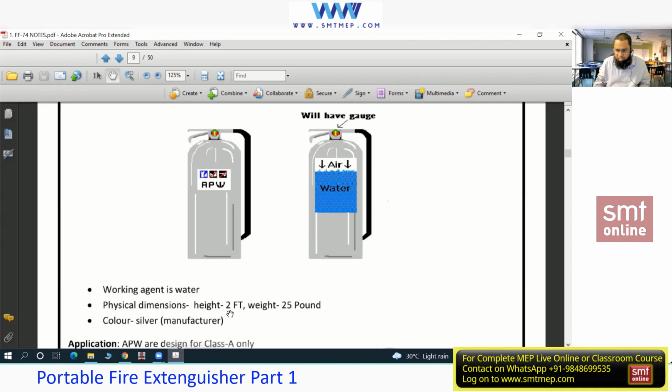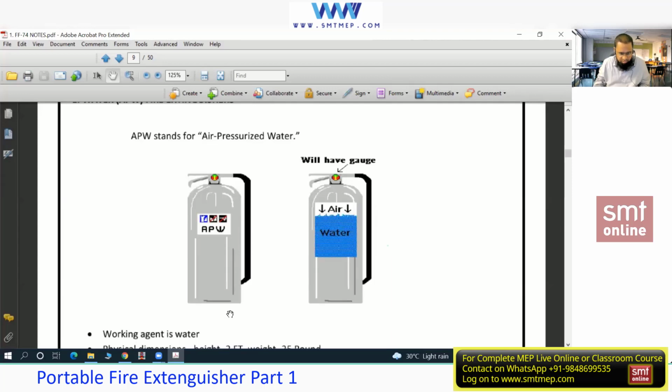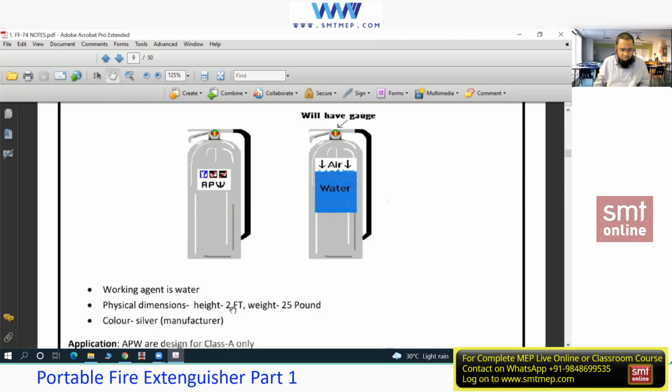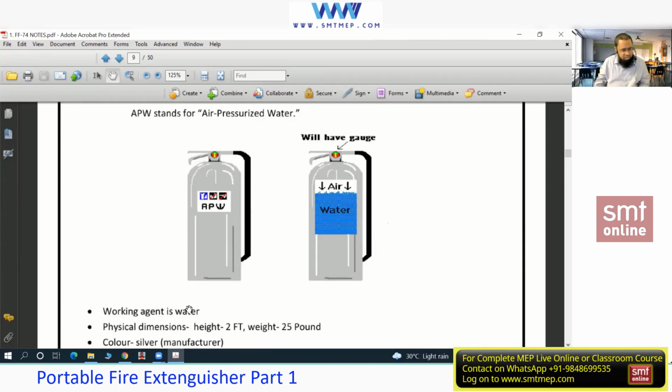Tyco is a brand manufacturer dealing with firefighting components, a national brand. So I'm taking the reference from Tyco. As per your location, this capacity may vary. In general, it is available at 2 feet height with 25 pounds. More than that and less than this are also available. This is just a standard. And the working agent is simply water.